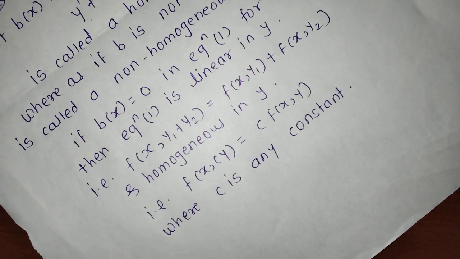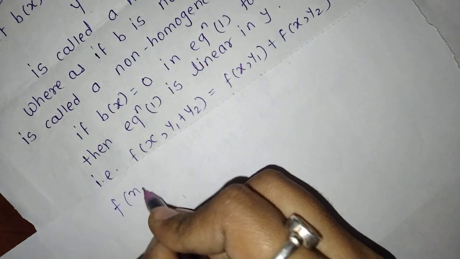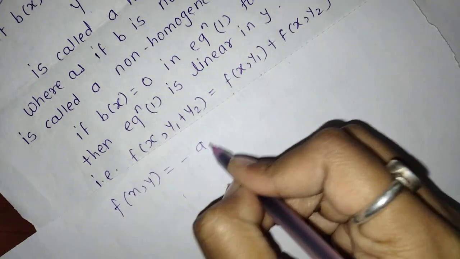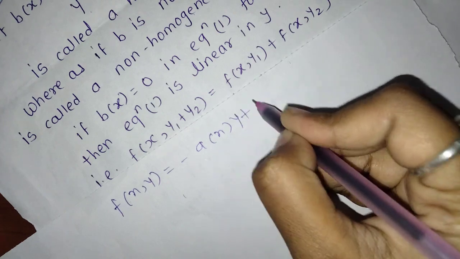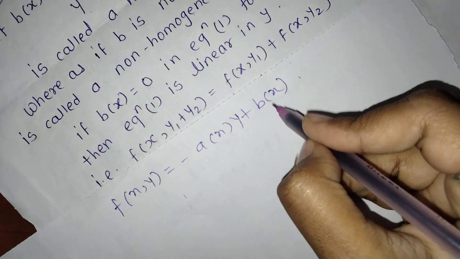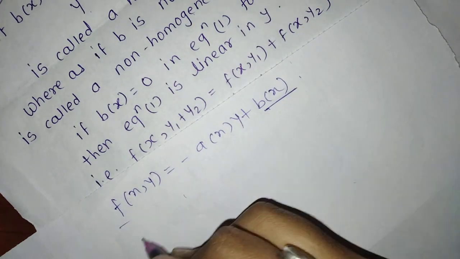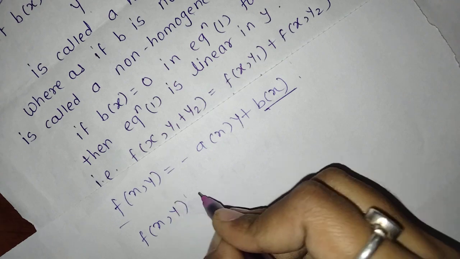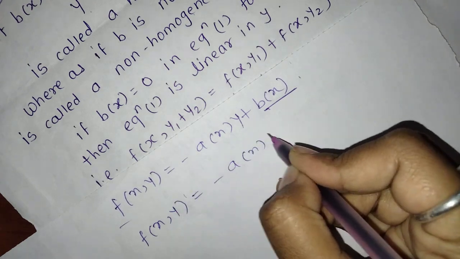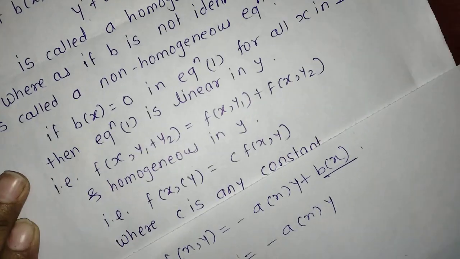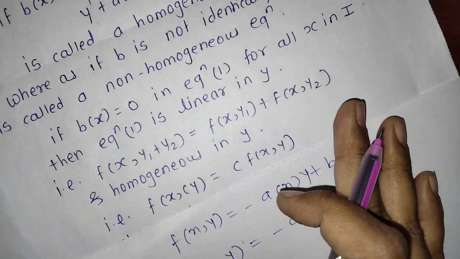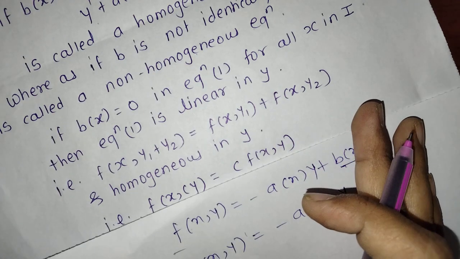Just a minute, for your understanding, take this equation f(x,y) = -a(x)y + b(x). This is nothing but your equation number 1. If b(x) = 0, then this equation becomes f(x,y) = -a(x)y.